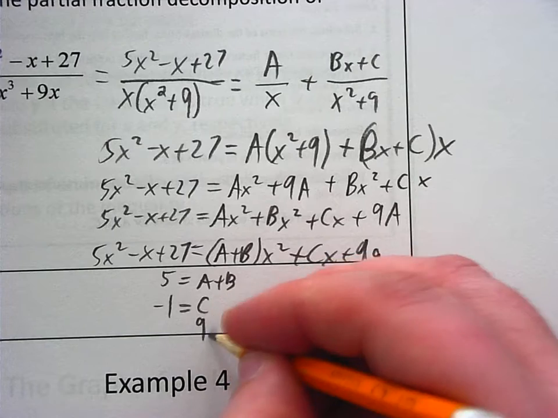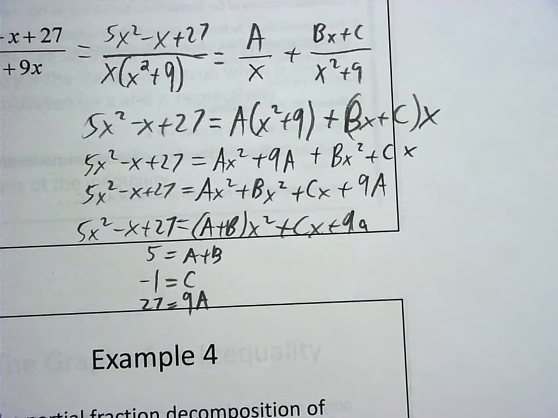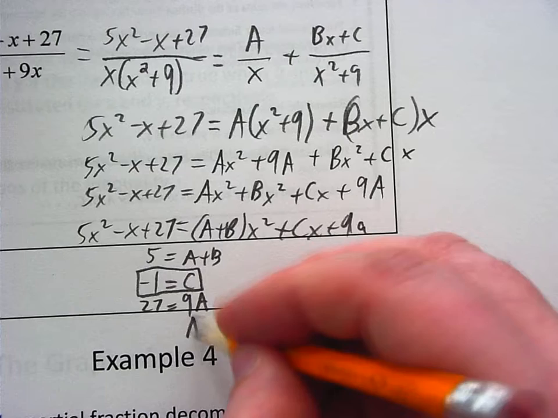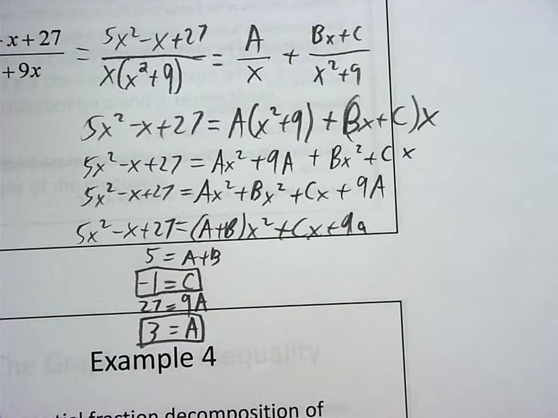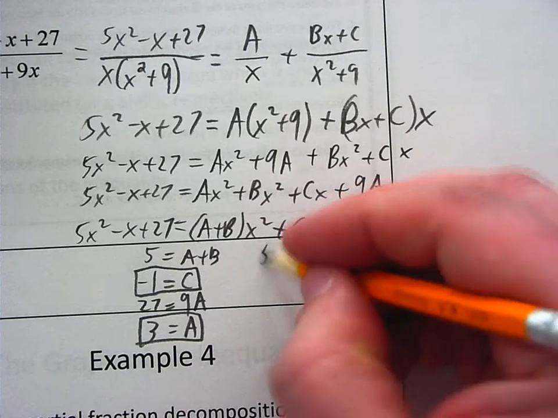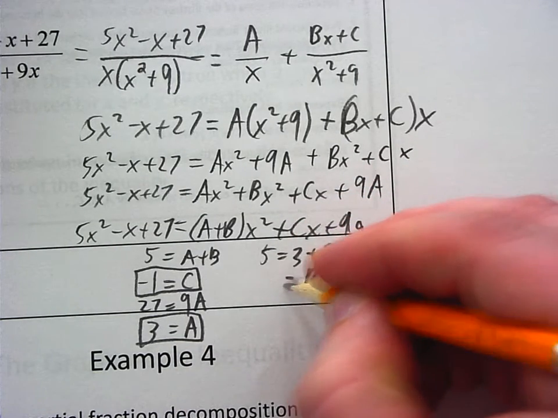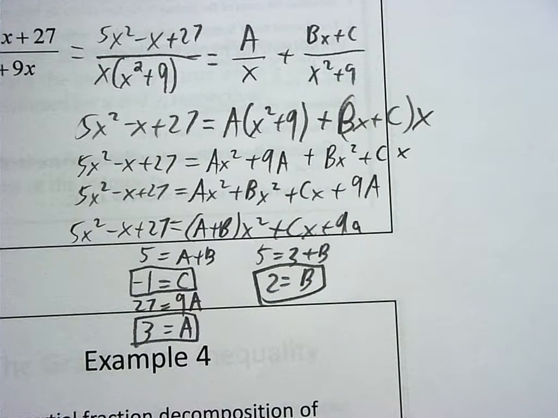And we already said 9a is equal to 27. Once I have it in that format, I already know c is given to me. What would a be? 3. Then how would I find b? You'd plug in the 3, so you'd have 2. So there's those three numerators, or pieces of numerators.